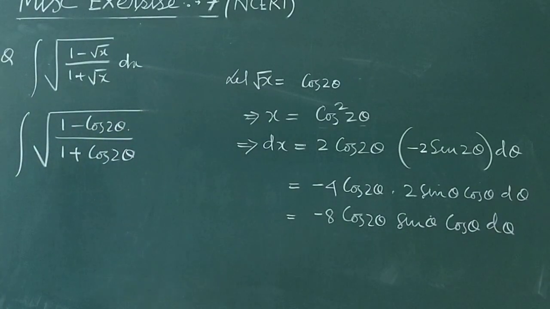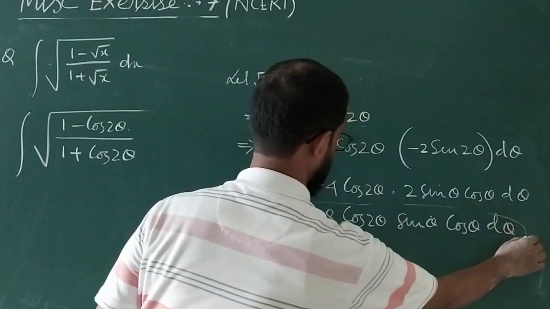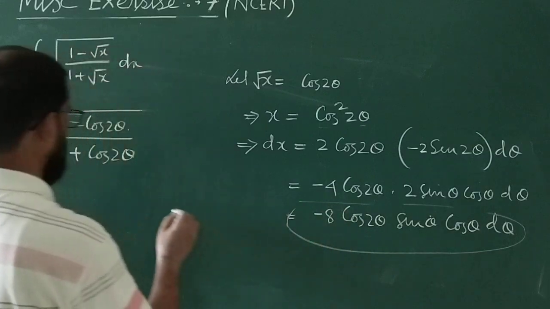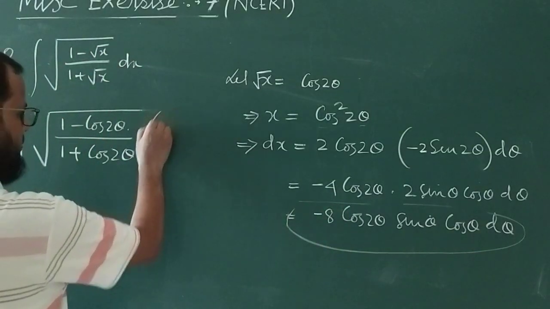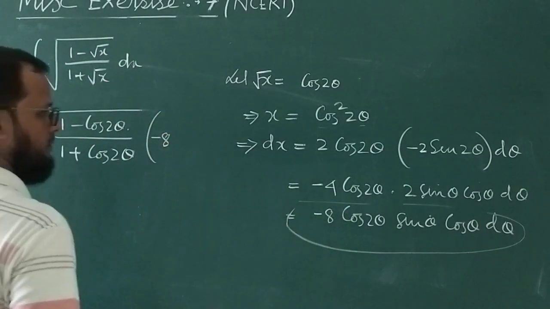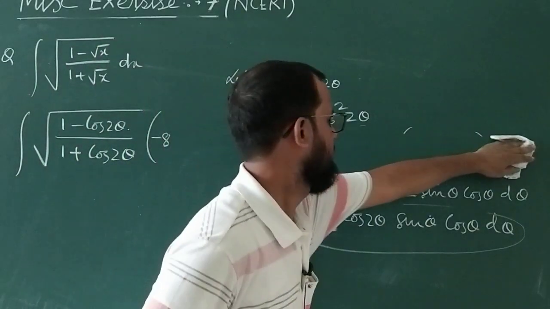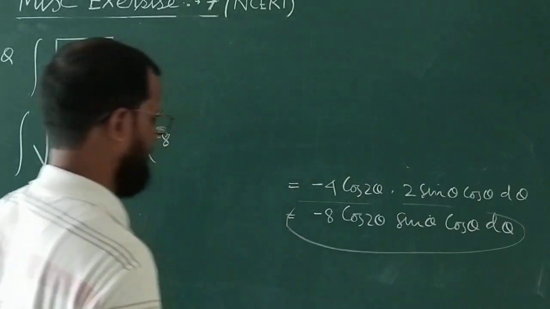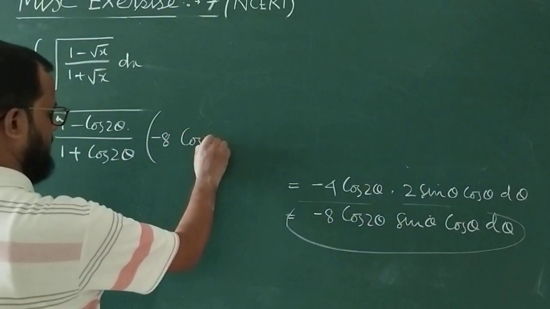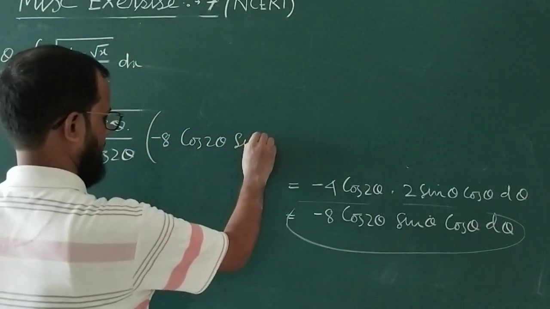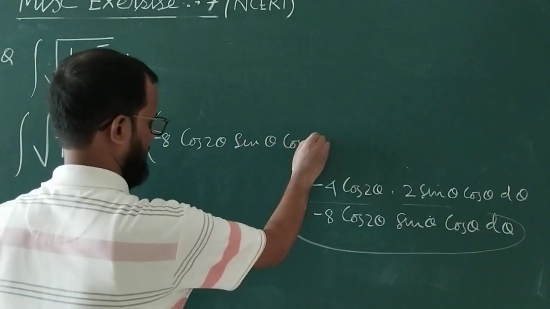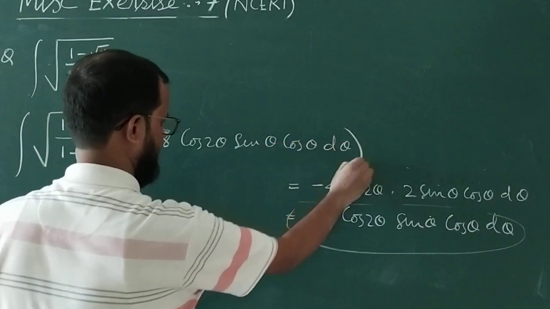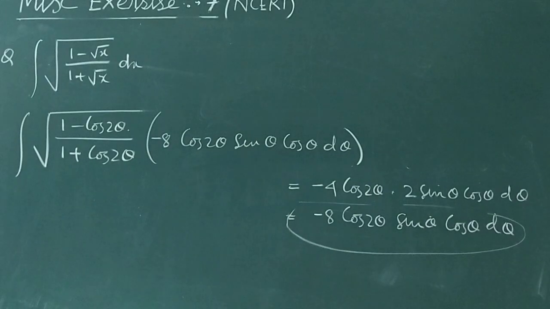Now for dx, you write minus 8 cos 2 theta into sin theta into cos theta d theta. This is ultimately your integral.